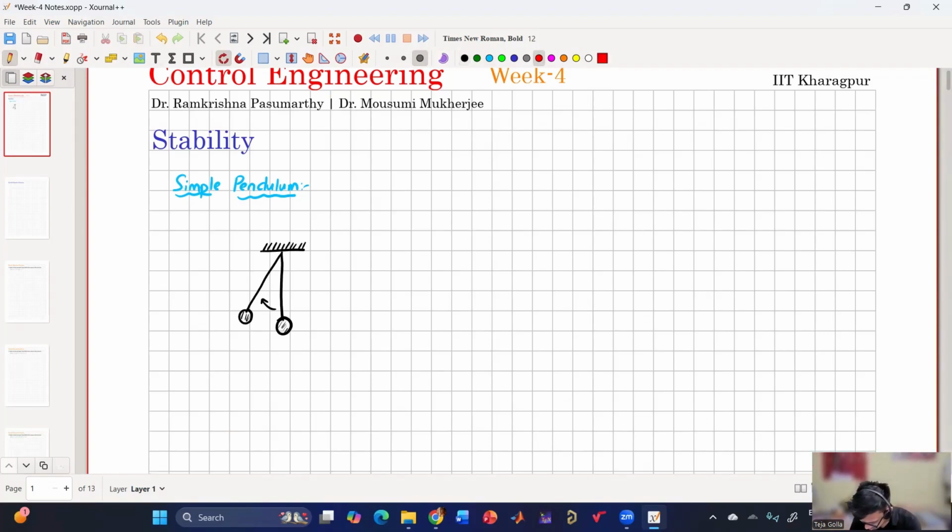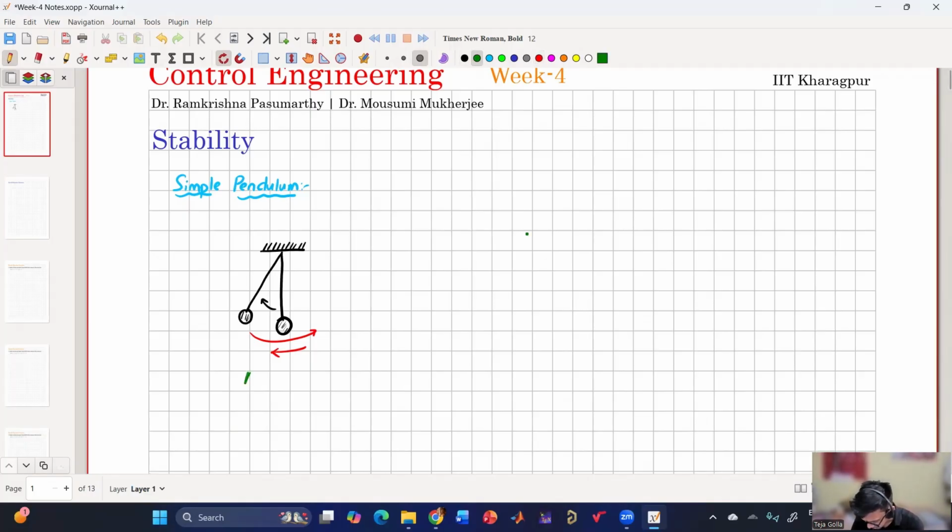Now, as you know, the ball will keep on oscillating to and fro, and then it will finally settle here. If we consider the air resistance and the friction, then slowly it will come to the original position and rest here, considering the air drag.